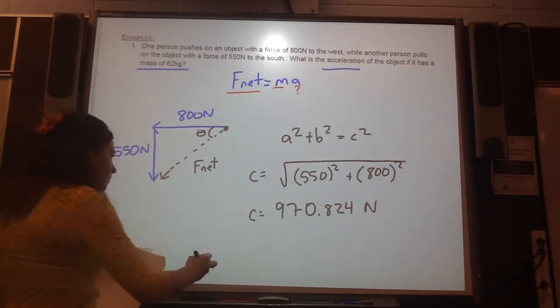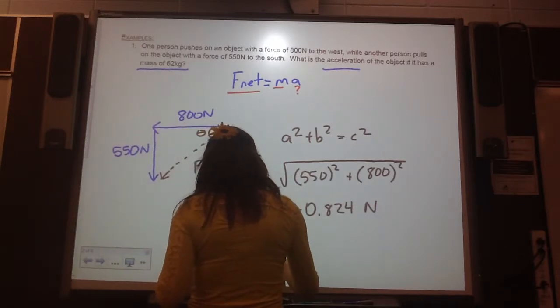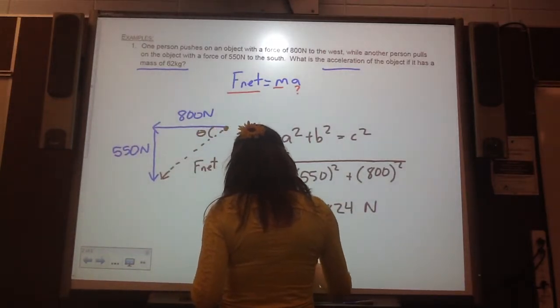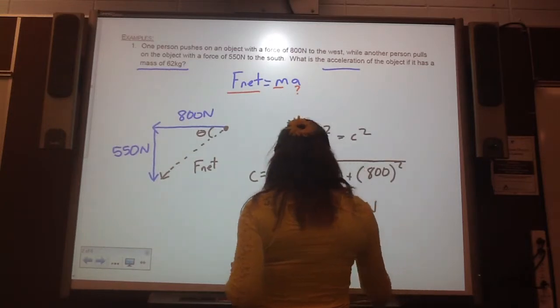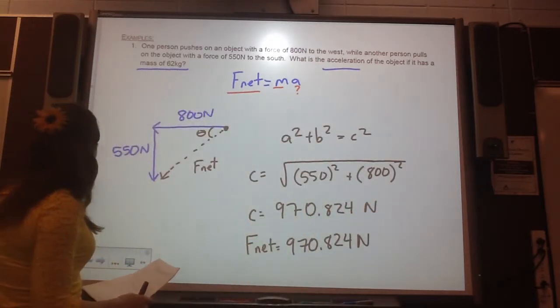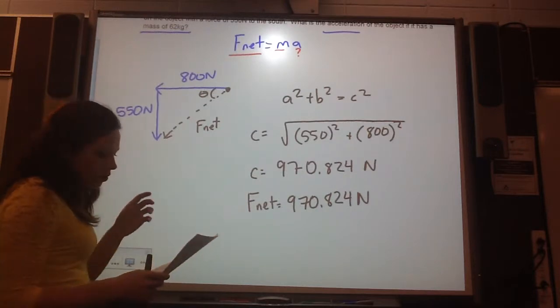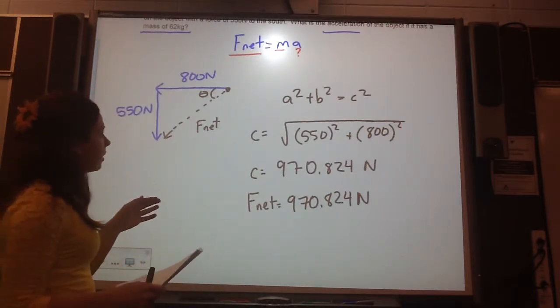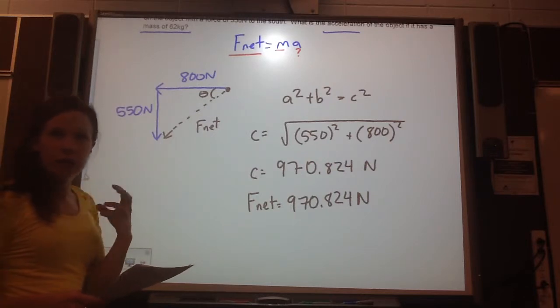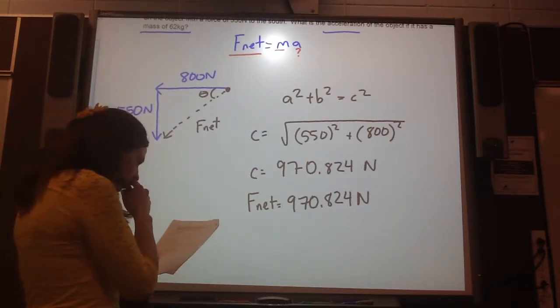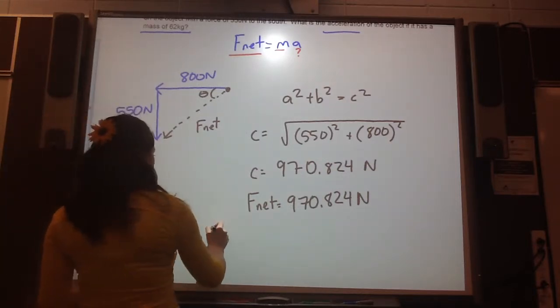So this is my F net. This is only the magnitude so far of my F net though. And I do need to get my angle in order to find the angle of my acceleration, because acceleration is magnitude and direction. So I'm going to find my angle now.